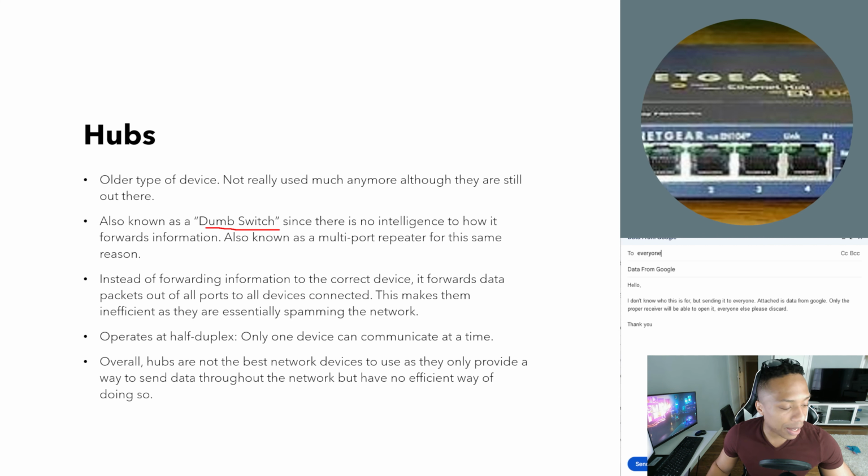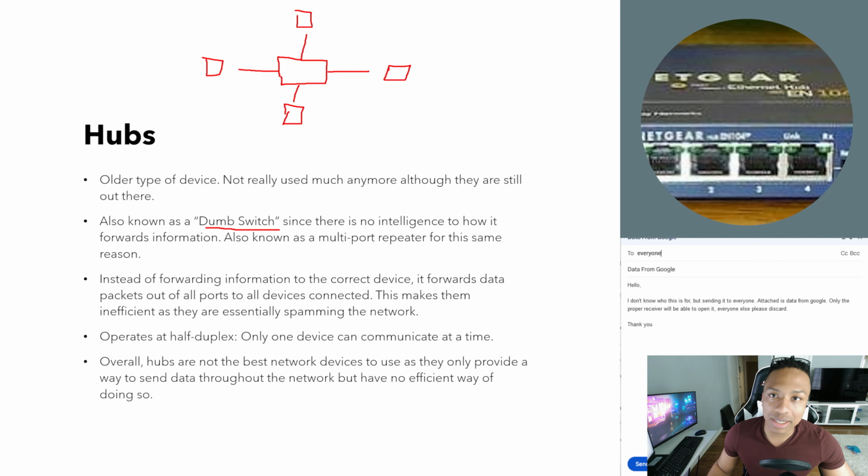What does a hub do that makes it dumb? Let's say we have a hub here in the middle. As you can see, this is a screenshot of a hub, and I also included a picture of a hub sending an email. So let's say you have a hub in the middle and you have four computers connected to this hub. This is what a hub is going to do.